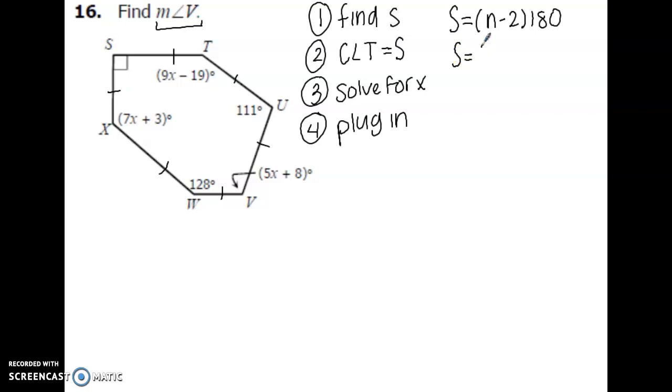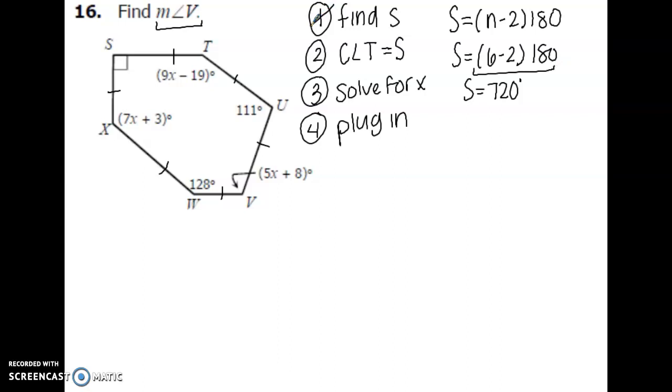So we would say 6 minus 2 multiplied by 180, and your answer here is actually 720. Once again, reminder, this can be input into the calculator. So always find your S. Your S is going to be different for every single polygon that is given to you. It's not always going to be set equal to 720. But once we find that, that is step number 1.